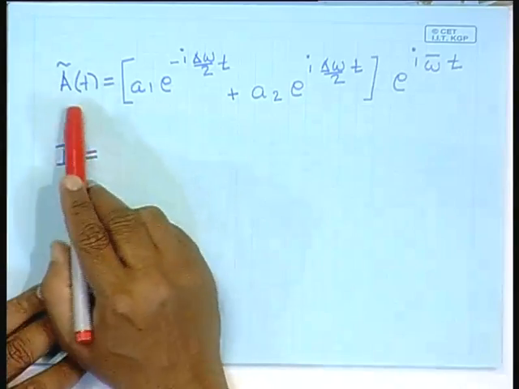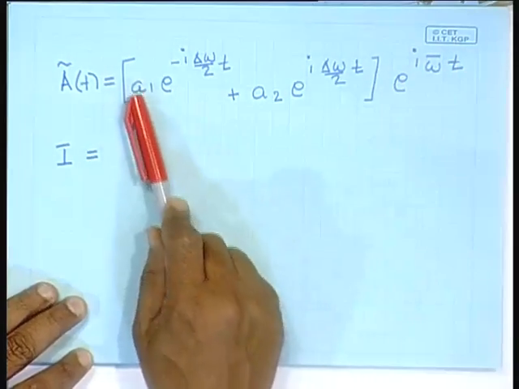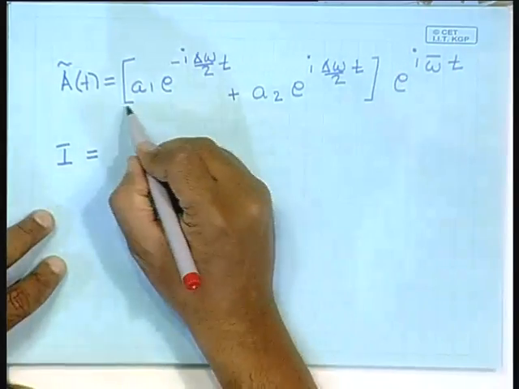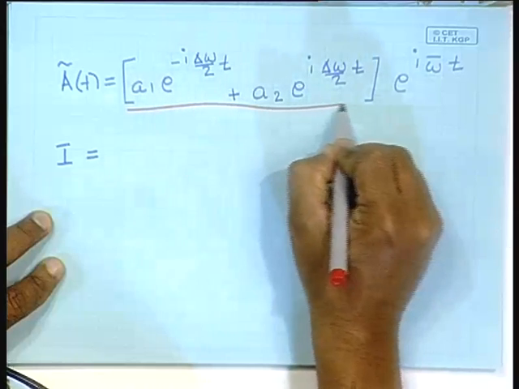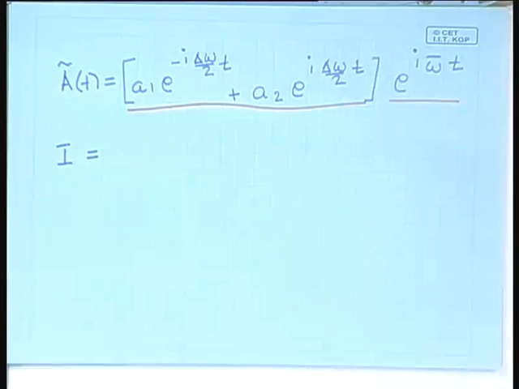So, we have the superposition, we have this kind of a wave which is a product of a slow variation here and a fast variation over here. And the question is, what is going to be the intensity?